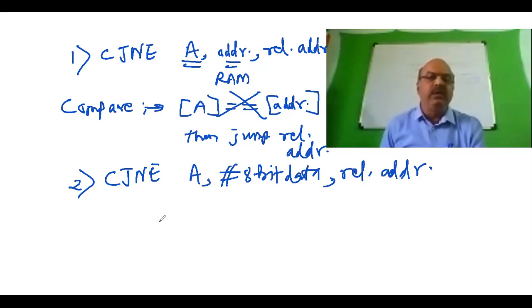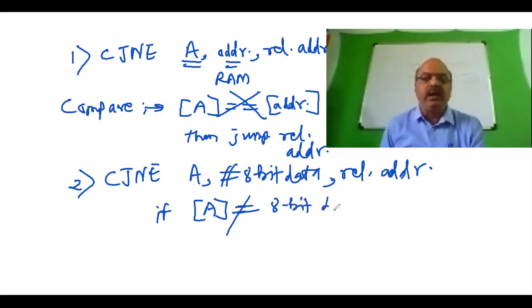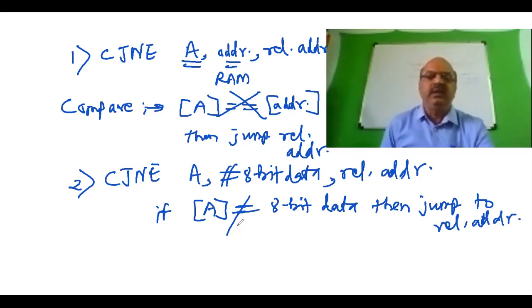If data in A is not equal to the 8-bit data given in the instruction, then jump to the relative address.